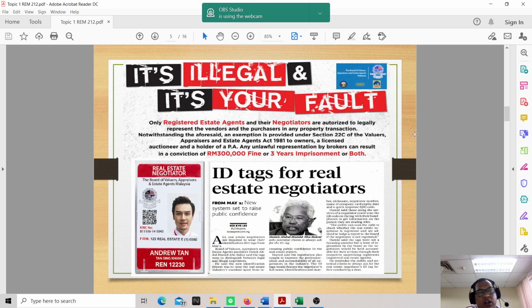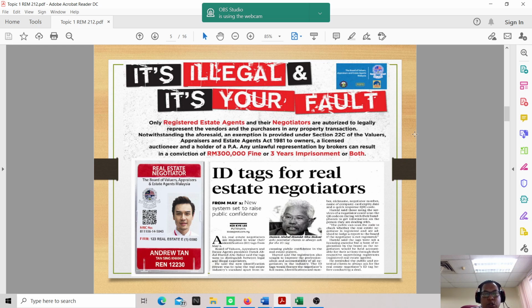Even though you say, oh, I'm just selling this for my uncle, he's been my uncle for 30 years, it's my family, it is still illegal. Under Section 22C of the Valuers, Appraisers and Estate Agents Act 1981, only registered estate agents and negotiators are authorized to legally represent vendors and purchasers in any property transaction.